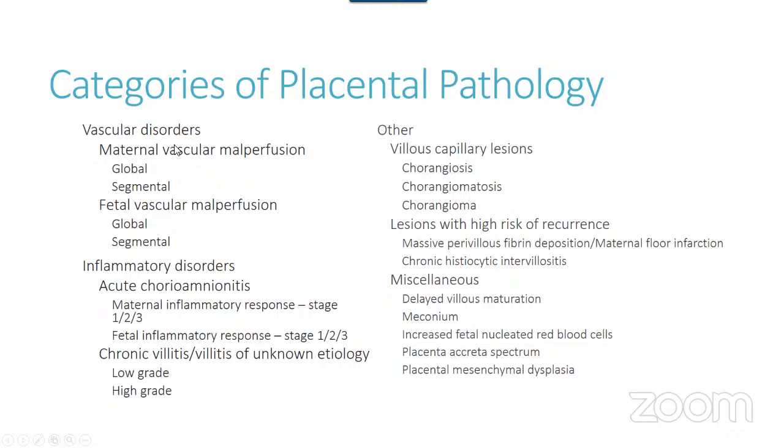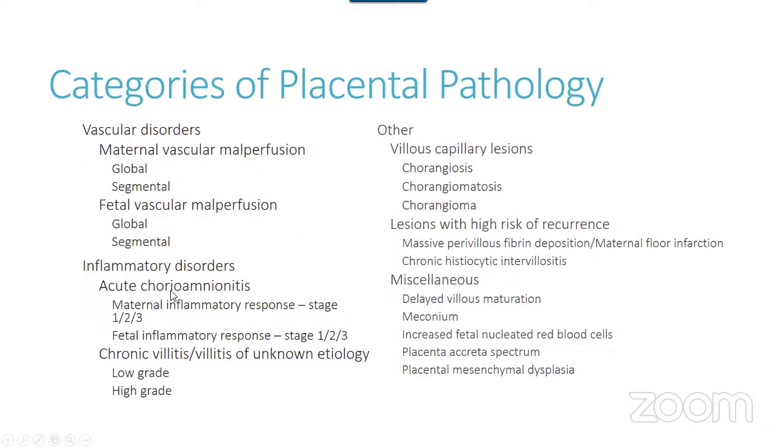Within vascular disorders, you can split it into maternal malperfusion and fetal malperfusion. Each of those can then be subsequently divided into global and segmental patterns. And then within inflammatory disorders, we have basically acute and chronic, as you might expect.